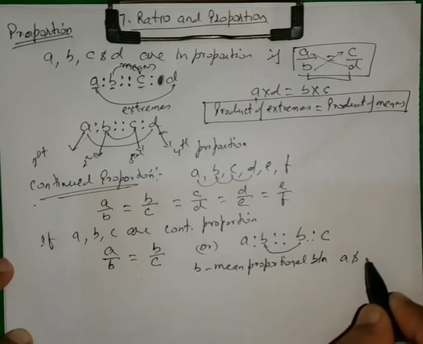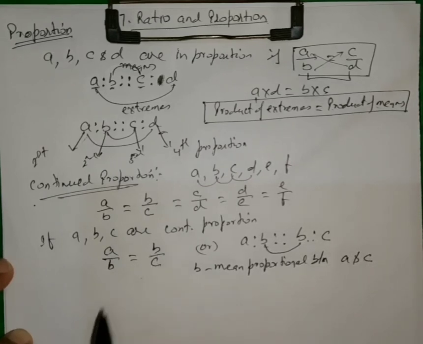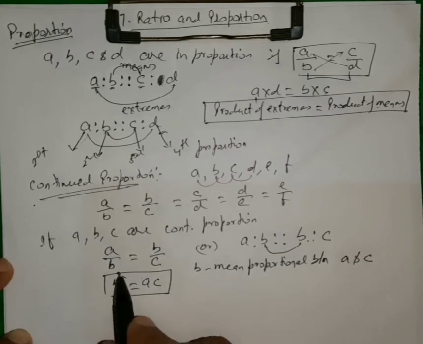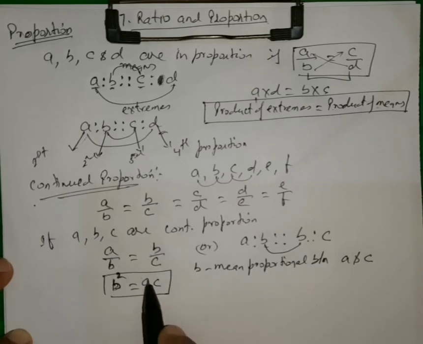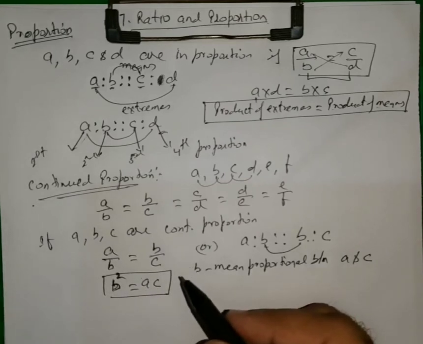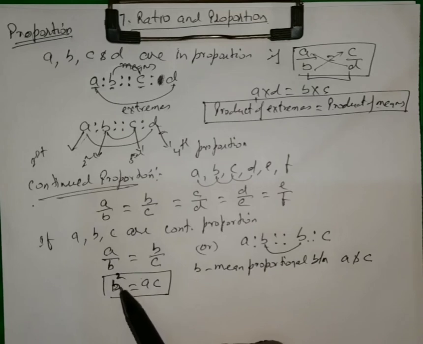Now if I cross multiply these, then I will get B square is equal to AC. So the square of the middle is equal to the product of the extremes, and B is called the mean proportion between A and C.